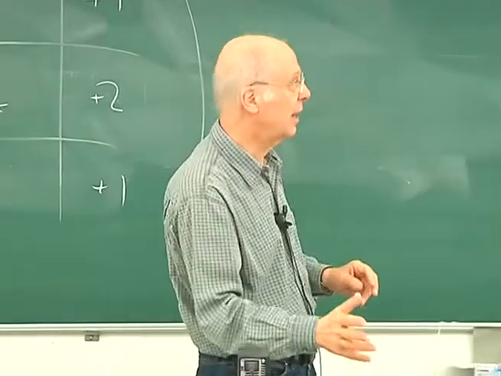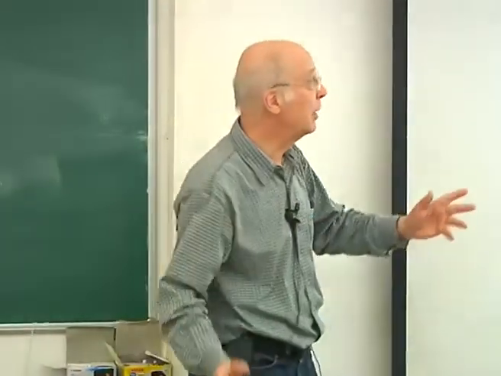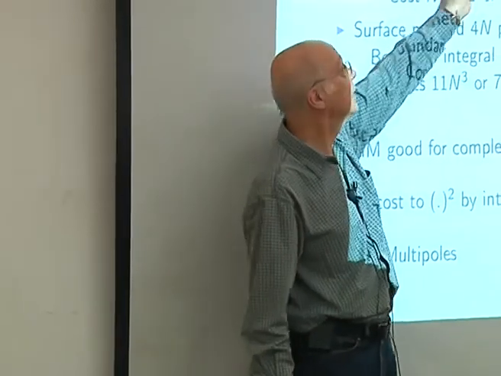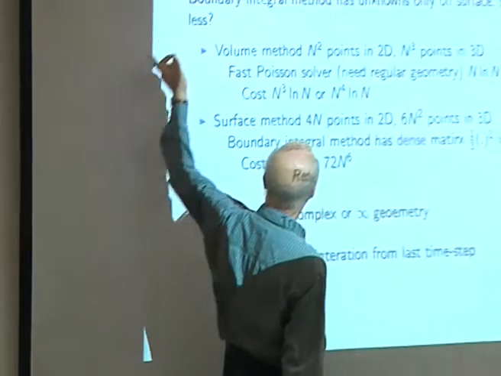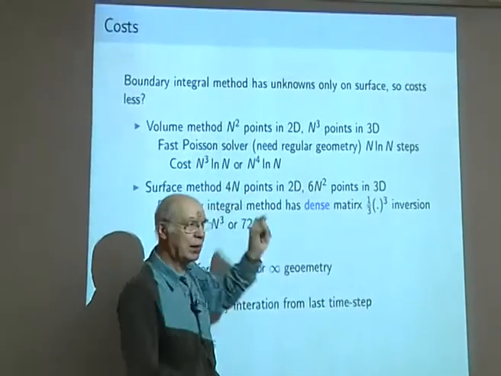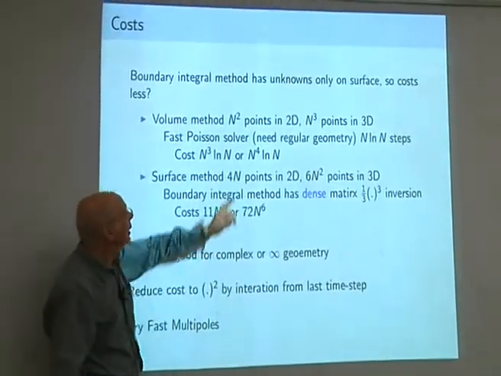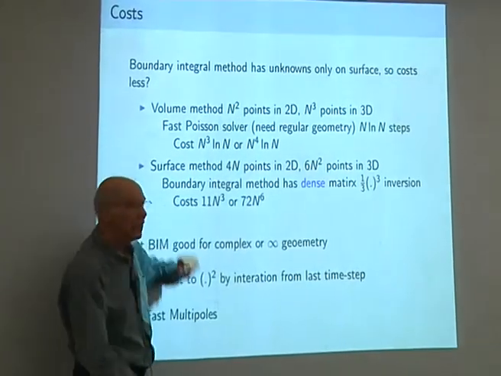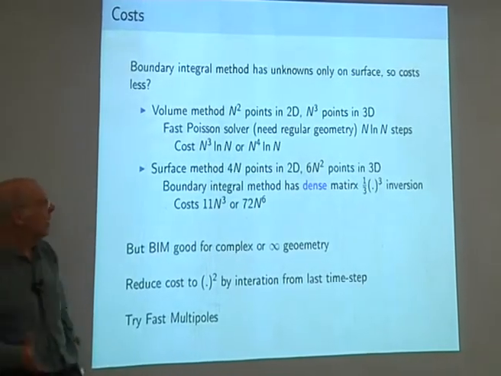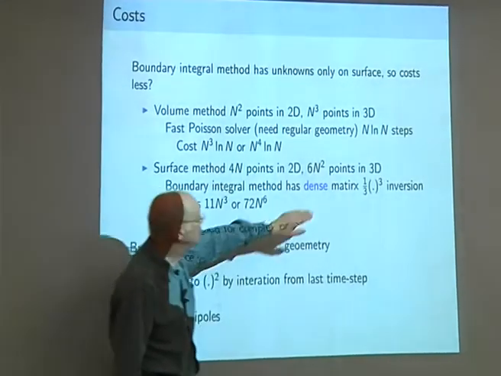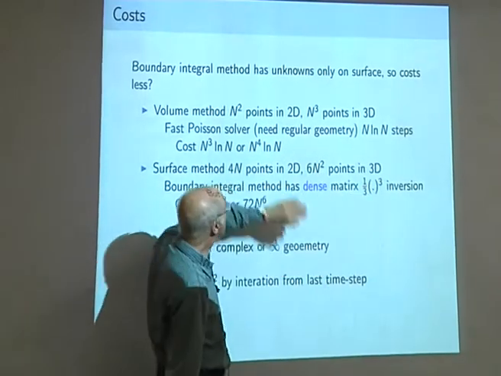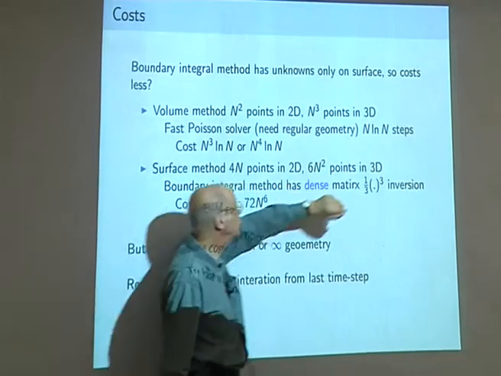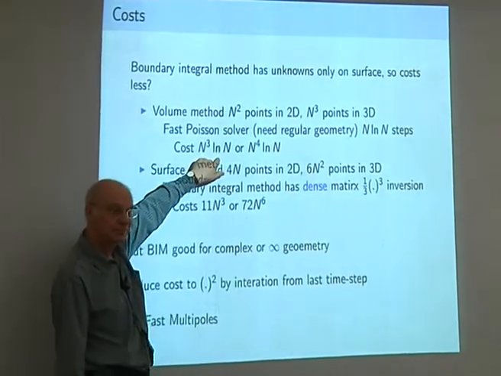So here's the calculation. Suppose we're in 2 dimensions and we have an n by n grid. There are n squared points in the interior. There are 4n points around the boundary. Now, while there are n squared points there in 2 dimensions, if it's a nice square geometry, there are fast Poisson solvers which will require n log n steps, and so the number of calculations I have to do is the number of points times the number of iterations, and that's n cubed log n.